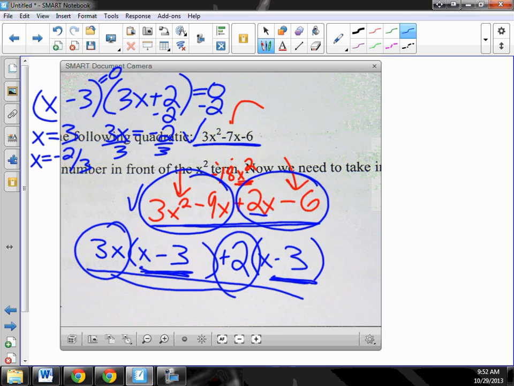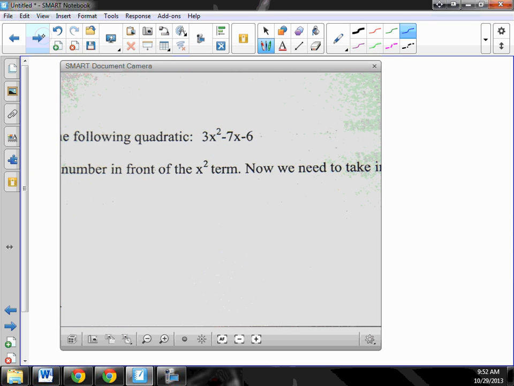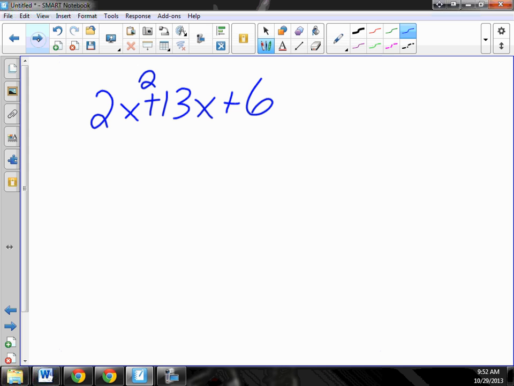So write this one down somewhere if you'd like, or you can just pay attention. 2x squared plus 13x plus 6. Can I divide out the 2? No, doesn't work. So we have to do it the long way, which is easier than the other way.